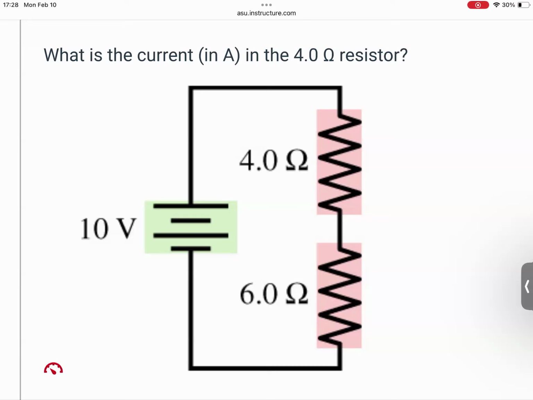So when 10 volts is applied to 10 ohms, how much current flows? 1 amp. What's the voltage at this point relative to ground? We just reasoned that 1 amp of current flows through the circuit. How can I find the voltage here?